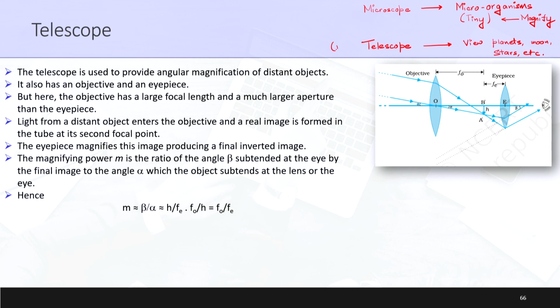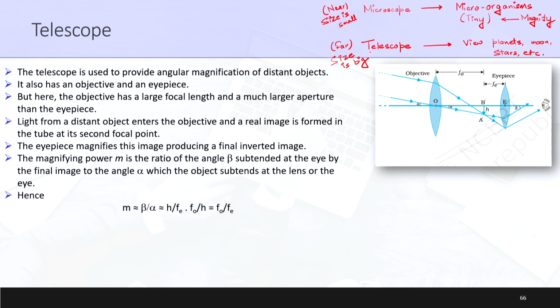Here, the object is very near to us, but its size is very small, so we use a microscope for magnifying. Here the size is already big, but it is very far. Okay, fine. Let us move on.